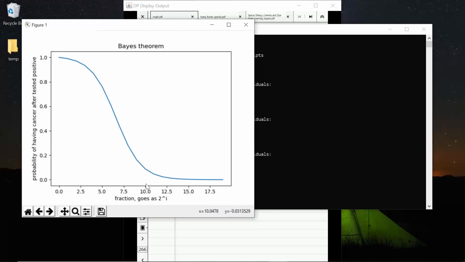And you still see that at this point, when 1 out of 1000 people have cancer, the probability that the person will have cancer is still very, very low. It's just 0.15 or 0.12 or something. Even though the test was accurate 99% of the time.